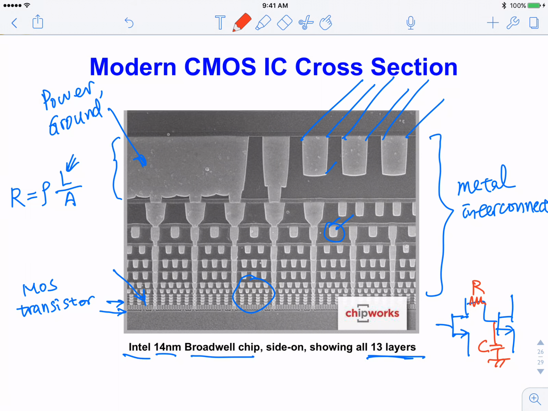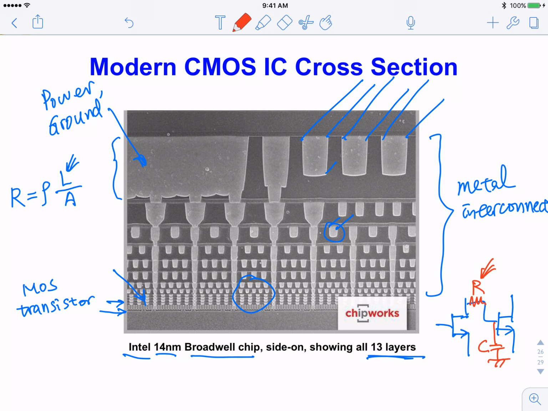The majority of the power dissipated in integrated circuits, like 80 to 90%, is dissipated in charging capacitors, which means you lose power to the parasitic resistance here. And so it's very important to keep it as low as possible.